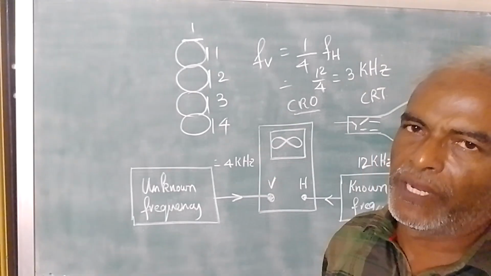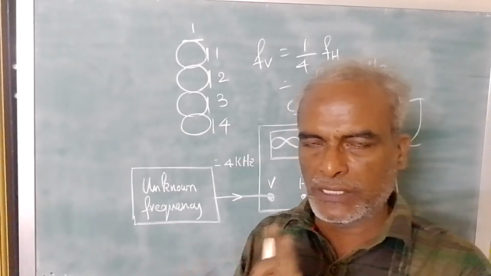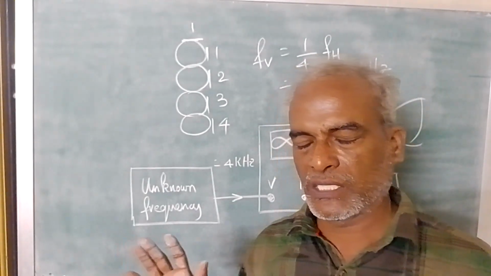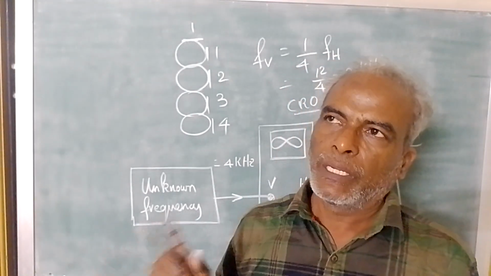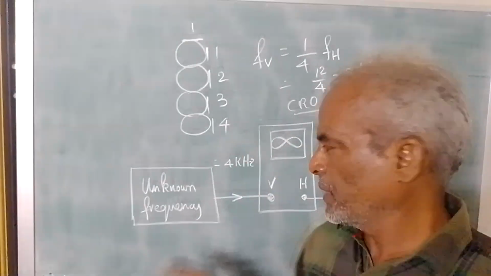So another important point is unknown frequency is given to the vertical deflection plates, and known frequency is given to the horizontal deflection plates. This I have told you. But another important thing is you must know the acceptable voltage level of the particular CRO.